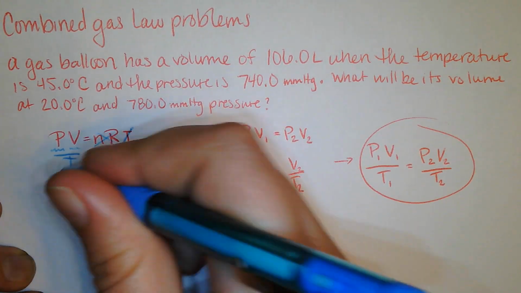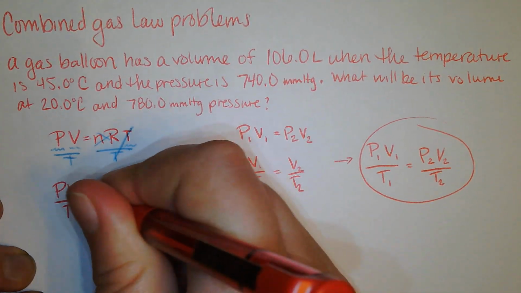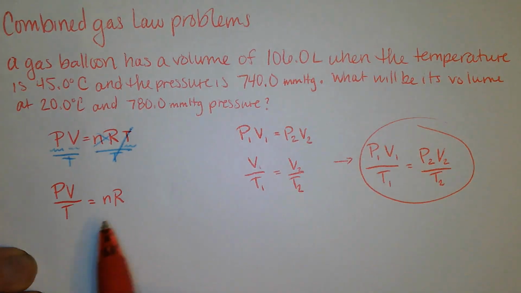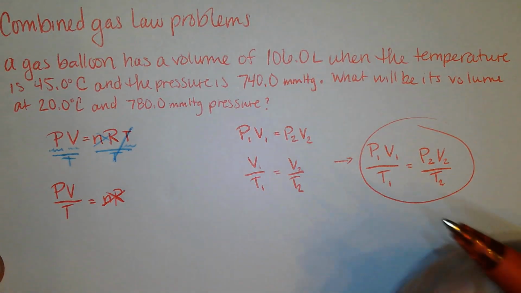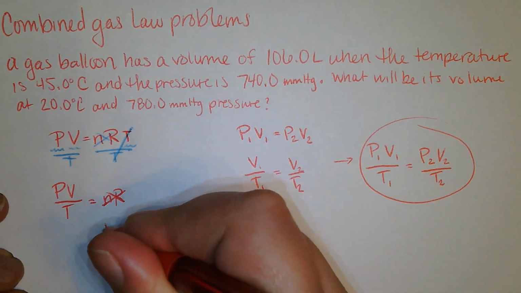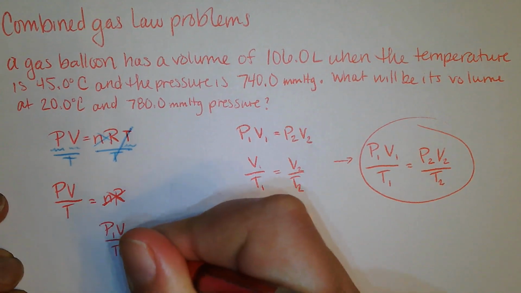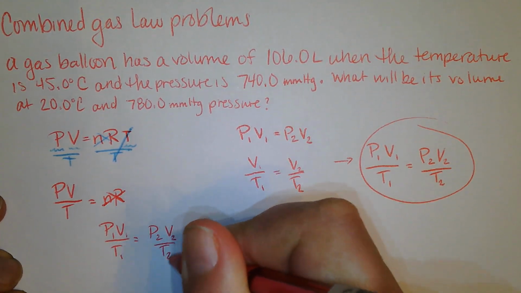Here they cancel, and we end up with PV over T equals nR. And remember, n and R in this scenario are not changing, so we can ignore them. And so we create this to be P1V1 over T1 equals P2V2 over T2.